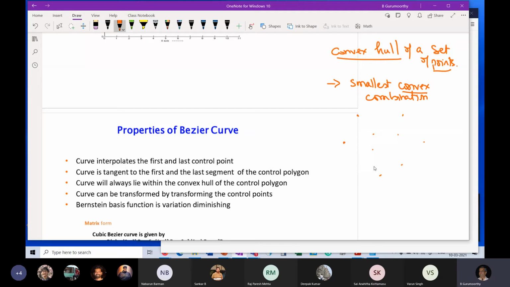And you stretch a rubber band to the two extremes, and bring it to the plane of the board or the screen and let it go. So what is the shape that the rubber band will take? The shape that the rubber band will take is indicated by this shape. So that's the convex hull. So it's a convex combination of the points that have been given, but it is also the smallest possible convex combination.